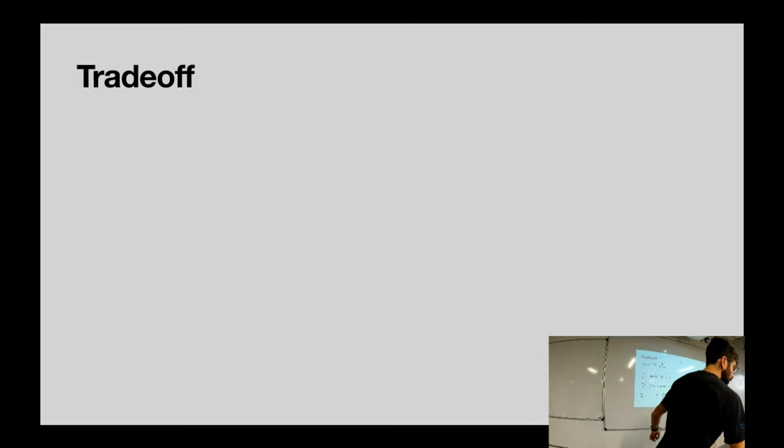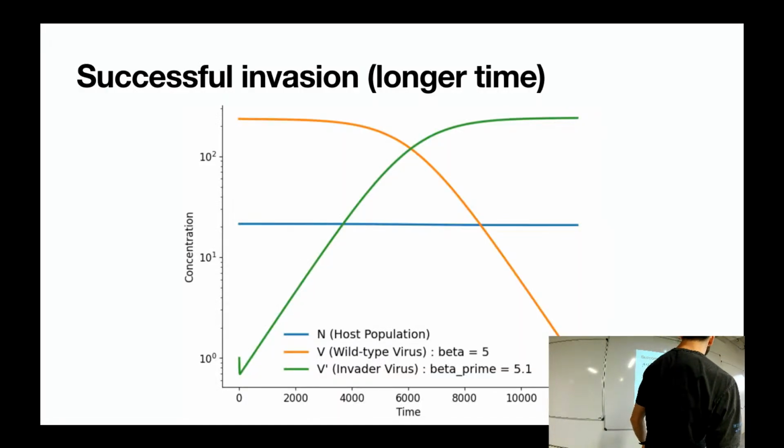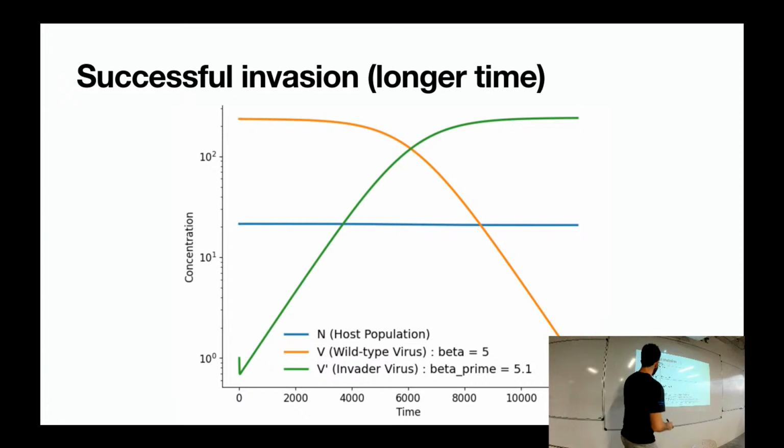Okay? So if we look at this plot here, you see that this concentration is the log concentration, it's linear in time. So this population is growing exponentially, right?